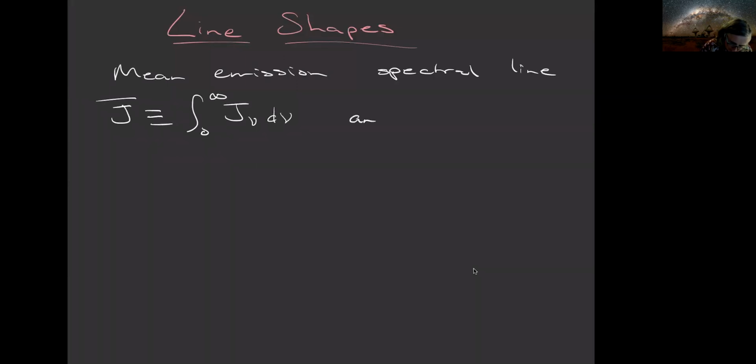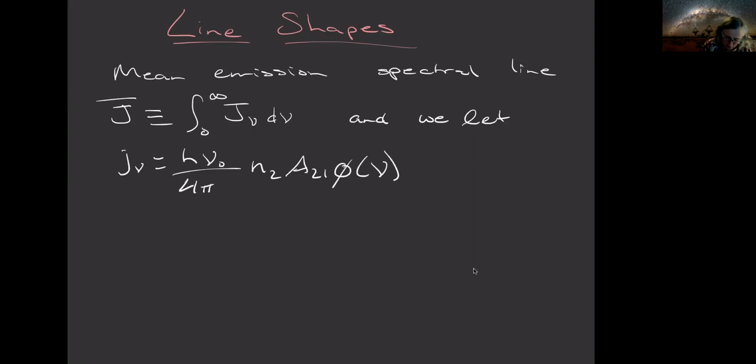And we let the emission coefficient, little j nu, be equal to h nu naught over 4 pi, times N2, the density of the atoms in the second state, times A21. And we defined a term phi of nu, where phi of nu is the line profile. So this should all seem familiar.